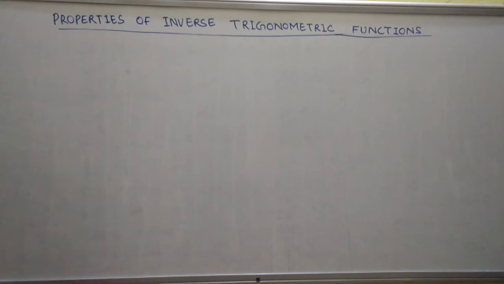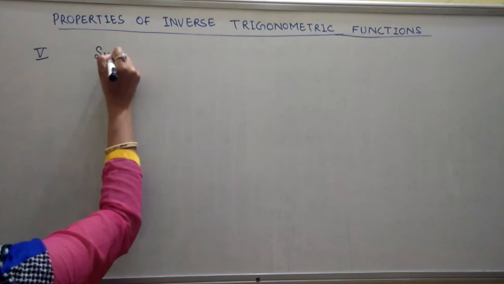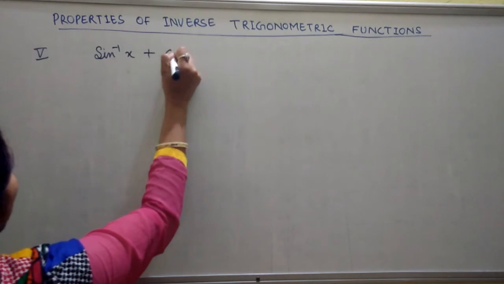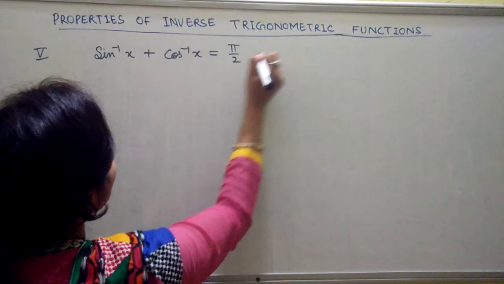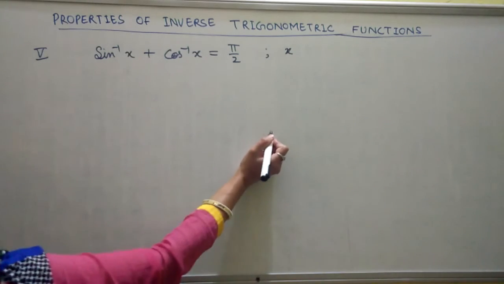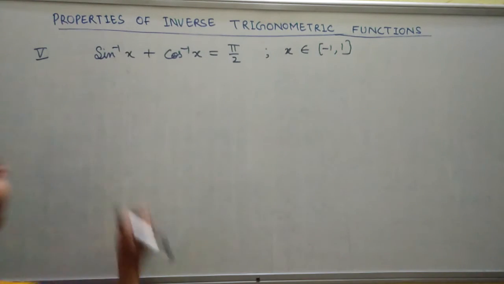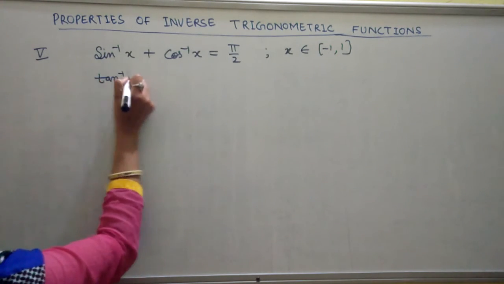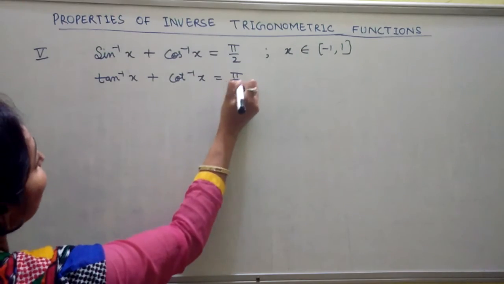Fifth property: sine inverse x plus cos inverse x is equal to pi by 2. Here again we have one condition on x, that is minus 1 to 1. Tan inverse x plus cot inverse x is equal to pi by 2.